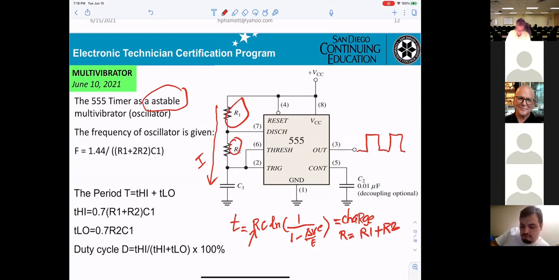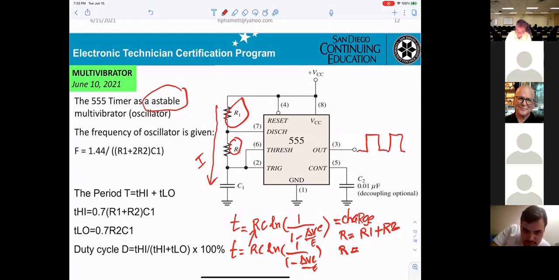Okay, now for the discharge, same formula. What R equal? I believe it's only R2. R2, just R2. Exactly. Very good.